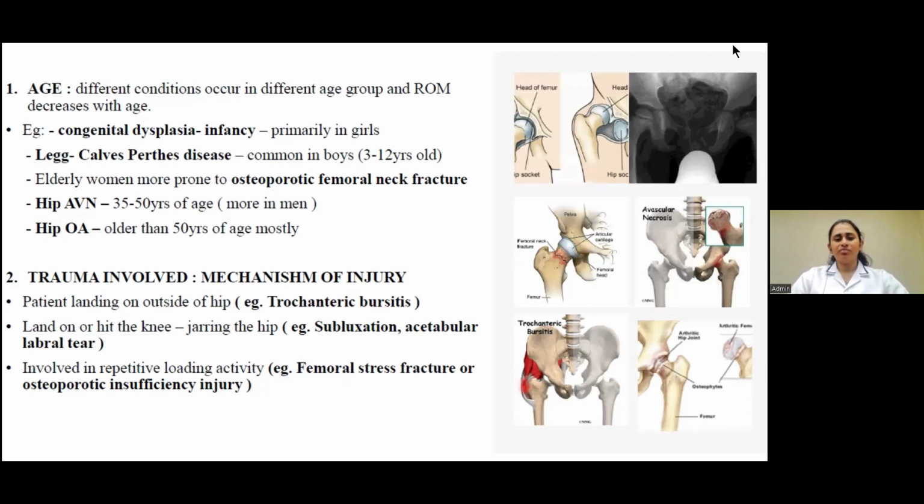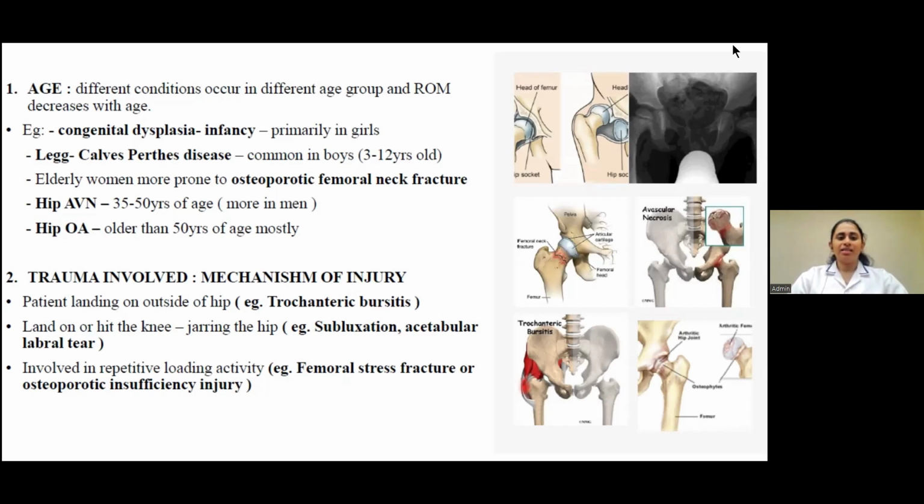Of course, if there is pain, there are always different mechanisms of injury or onset of pain, one of which can be a traumatic cause, which can be a direct hit on the knee, which can directly jar the hip, and there is a possibility of acetabular tear or even fractures with that.